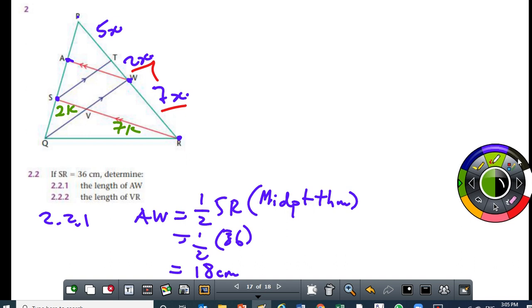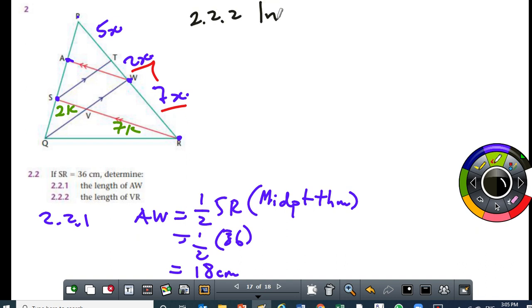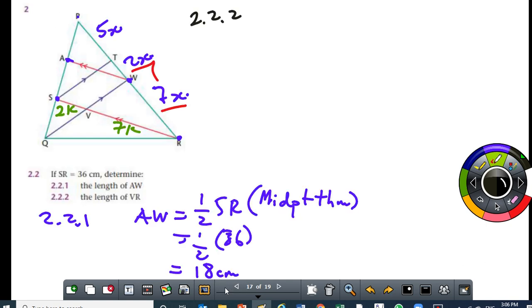Alright. So let me try to fit it there. So 2.2, it will be in triangle. In fact, let me do it on the next page so that it will be clear. So I'll say in triangle, the triangle that I identified will be SRT. Why?